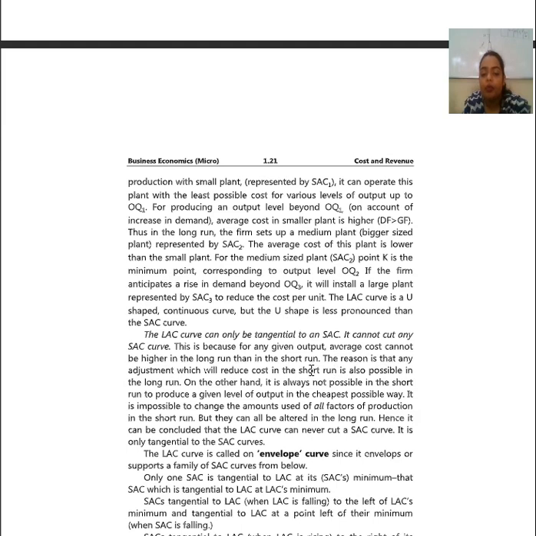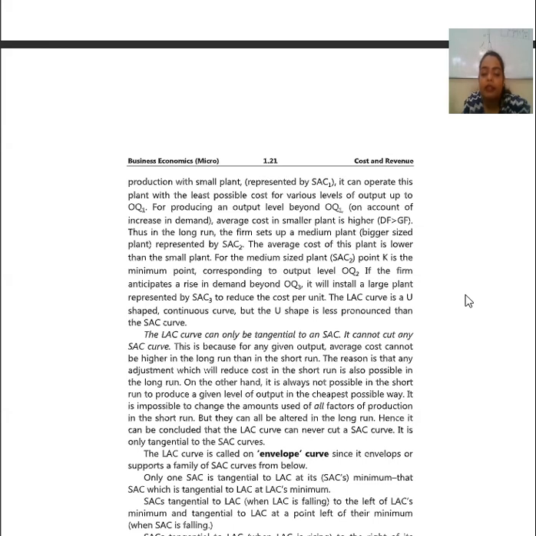For producing an output level beyond OQ1 on account of increase in demand, the average cost in the smaller plant is higher. Thus in the long run, the firm sets up a medium, bigger sized plant represented by SAC2. The average cost of this plant is lower than the small plant. For the medium sized plant, point K is the minimum point corresponding to output level OQ2.